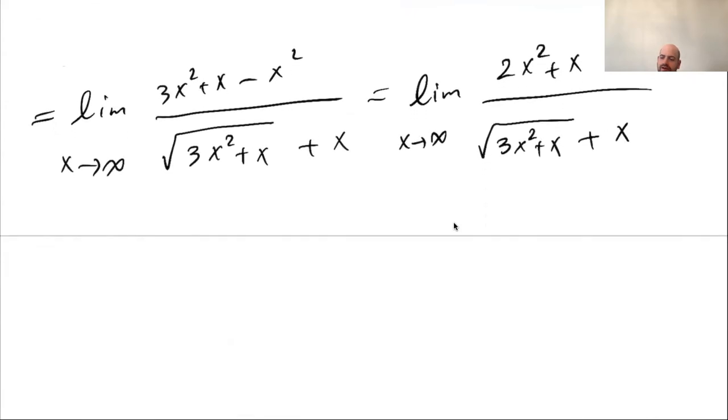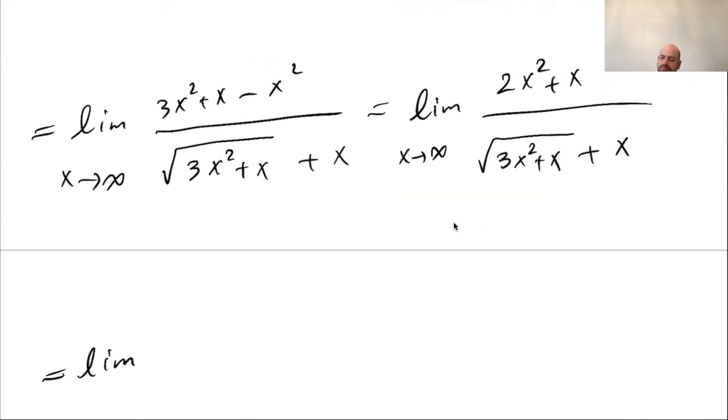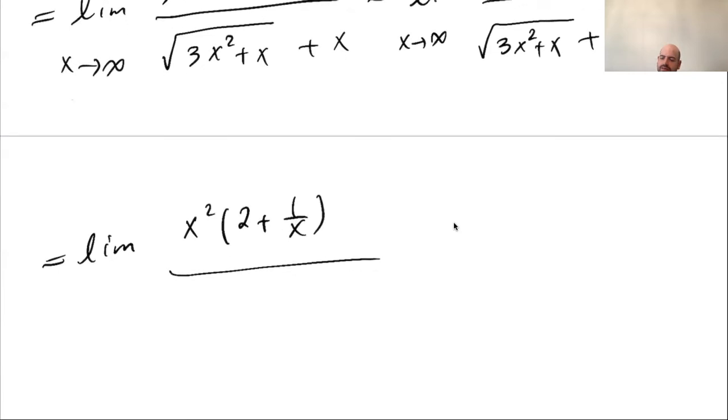Now we can factor the highest power of x out from top and bottom. We will get the limit of x squared times 2 plus 1 over x, divided by, in the bottom, inside the square root, the highest power of x is x squared. So I can take x squared out, 3 plus 1 over x, and then plus x.